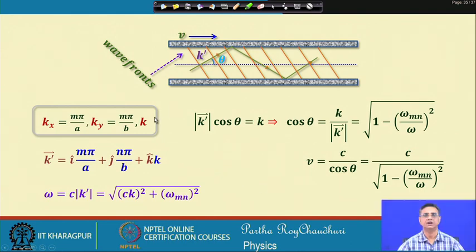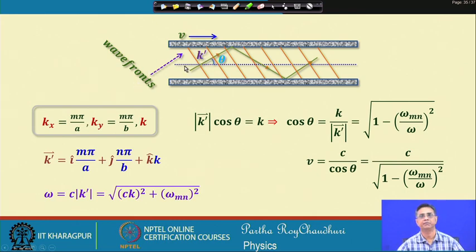Now, I look at the structure. This is the wave front. These yellow lines are the wave fronts at regular intervals of the wavelength, and the wave is traveling in this direction, getting reflected back and forth from the upper and lower interface, and you have also a similar thing sidewise.